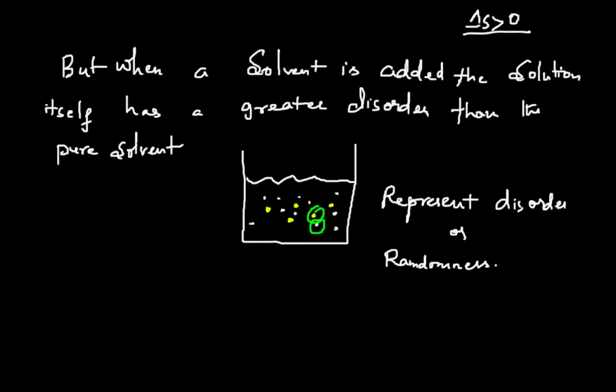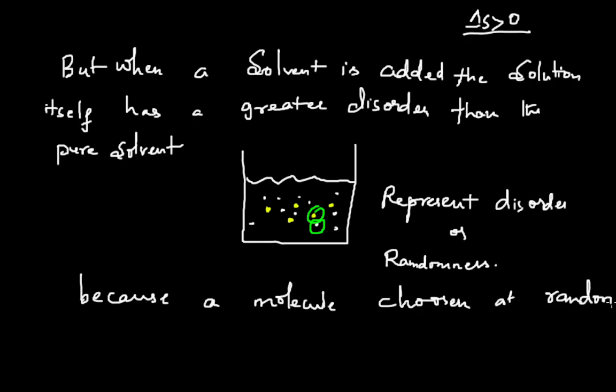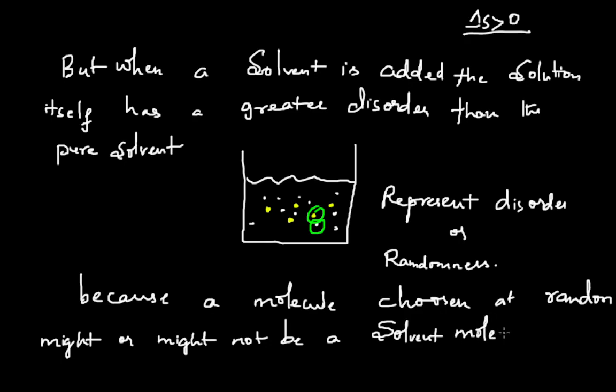Okay, so let me write this, because a molecule chosen at random might or might not be a solvent molecule. Now, which means it represents disorder, which means increased entropy, right?